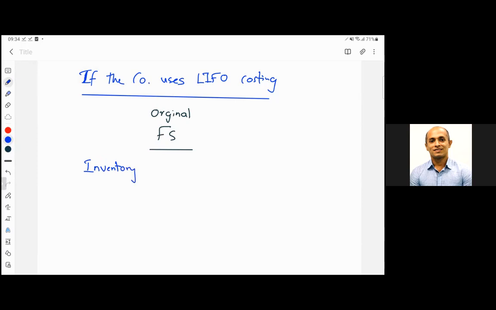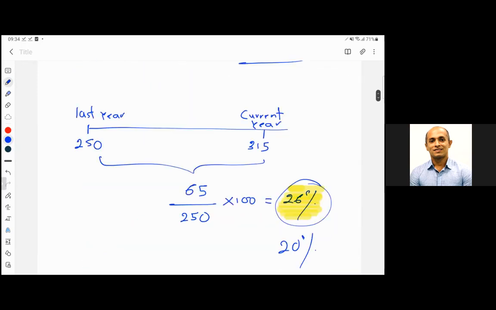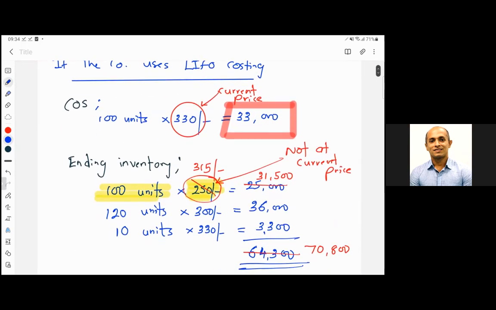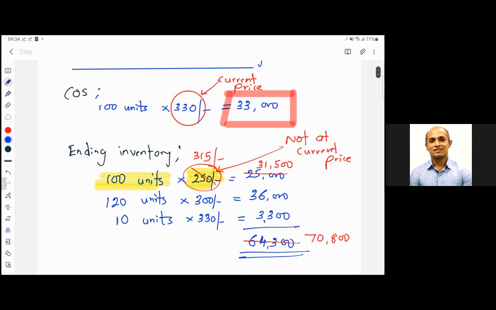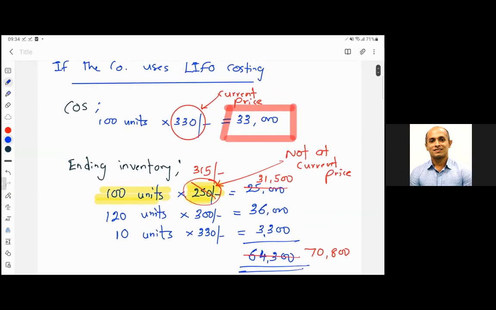By LIFO costing, in the original financial statements, inventory value 64,300, cost of sales 33,000.